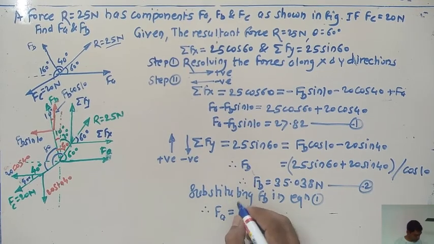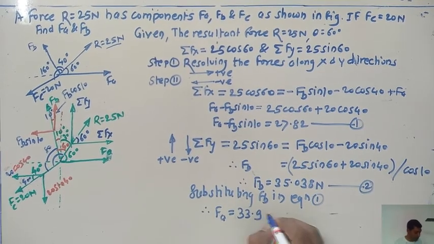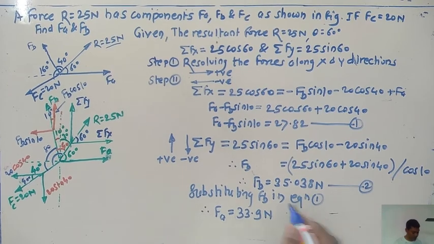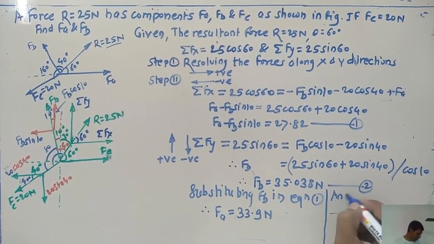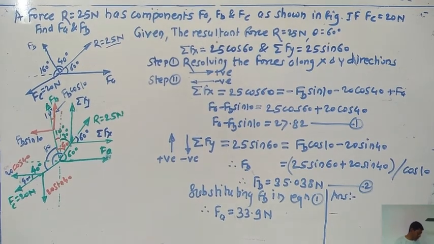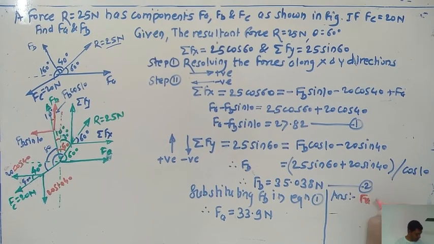FA equals 33.9 Newton. So write clearly your answer here: FA equals 33.9 Newton.